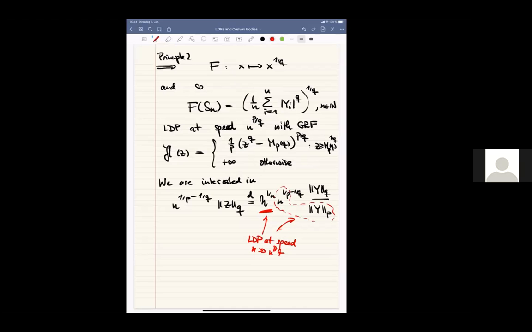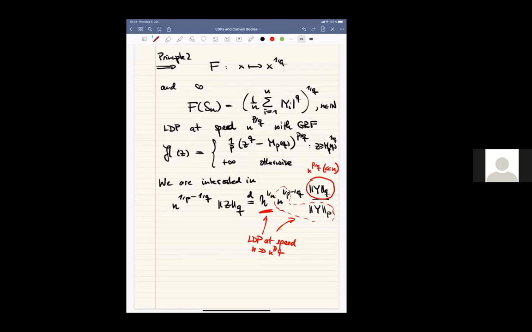This also satisfies a large deviation principle with a certain rate function, also at speed n. But this thing here, as we have just seen, satisfies an LDP at speed n to the p over q, which is much less than n. So this is much slower.